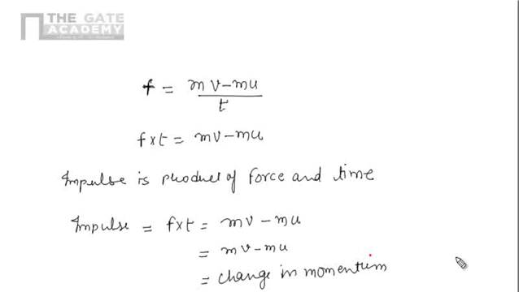Where a large amount of force is applied for a short interval of time, we consider the impulse. There are many examples based on impulse, like a sudden jerk. Suppose we are moving in a vehicle and due to the application of the brake there is a sudden jerk on the body. What does it mean? Force is applied for a short interval of time.